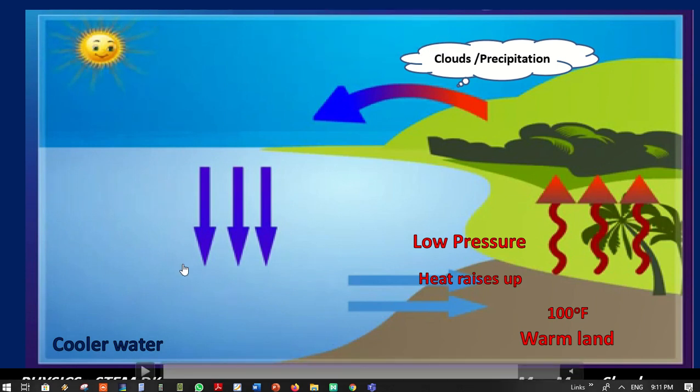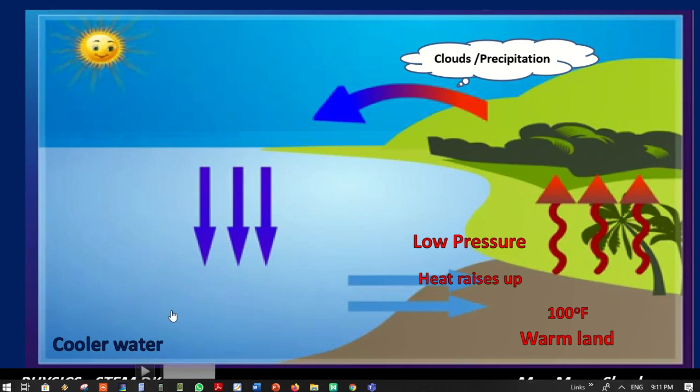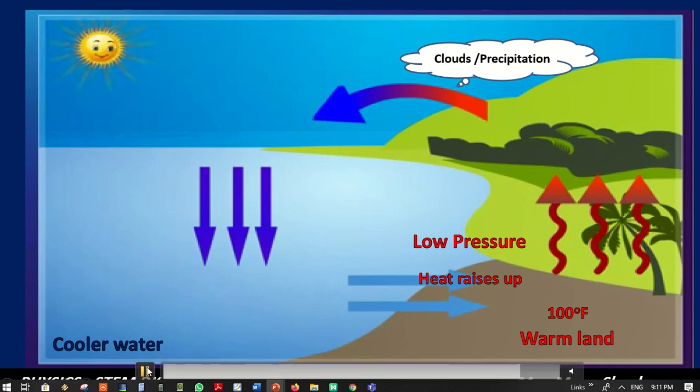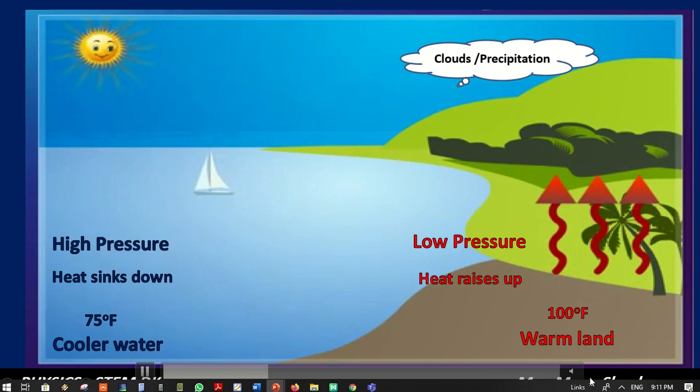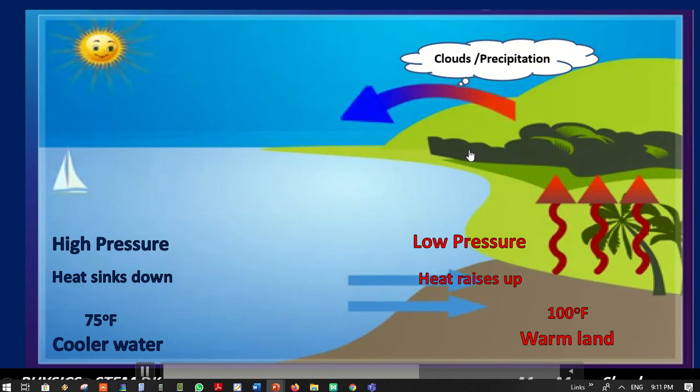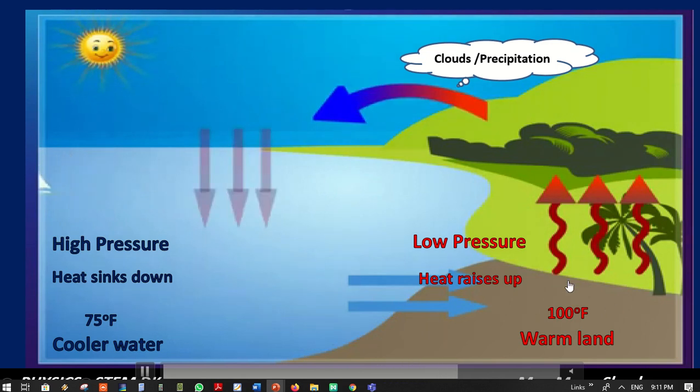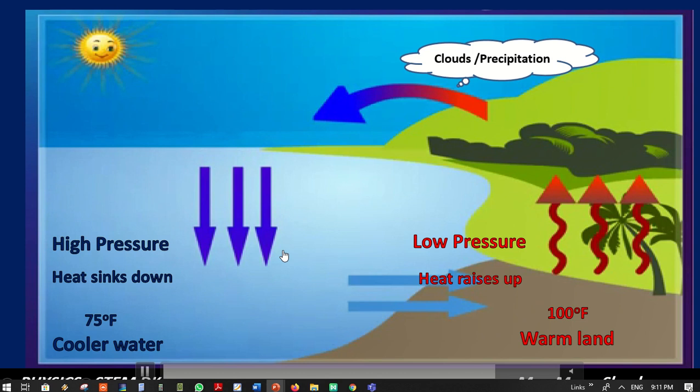The air above the cold waters has a high pressure, and it will form a sea breeze towards the warm land. You see here, when it sinks down, we will show it again. There is a region here of high pressure, and there is a low pressure here.